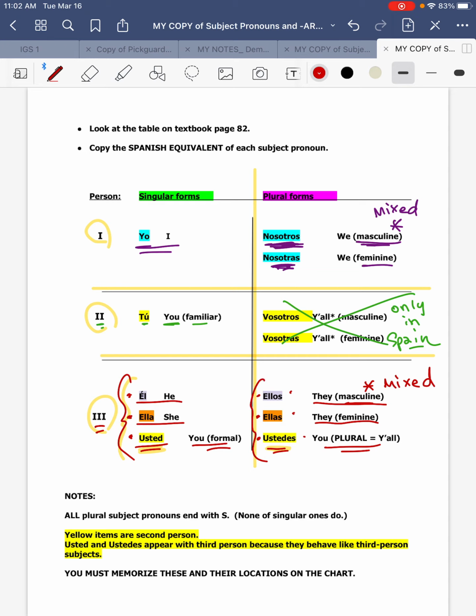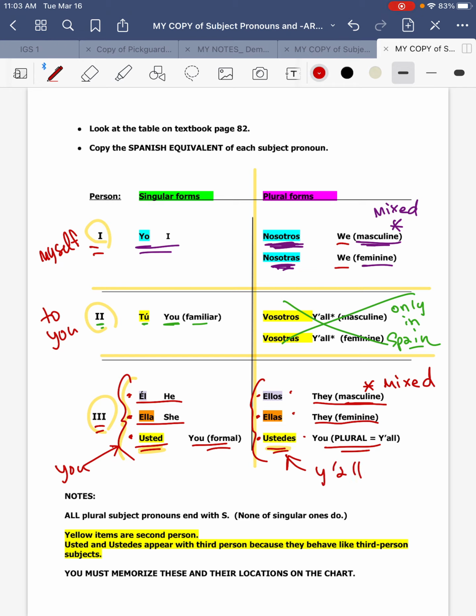Now, when do we use these? When I'm talking about myself, I am in first person, whether I am alone or with somebody. Second person, I'm talking to you, which also includes usted, talking to you if I'm being formal, or ustedes, I'm talking to y'all.